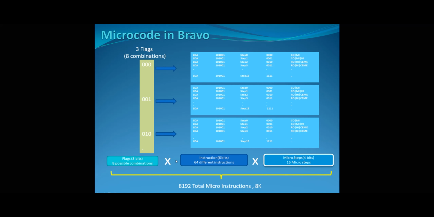If you multiply all of those together to see how many different combinations we could have, we come up with 8,192 total micro instructions. So that's 8K of instructions that we're going to have in Bravo. And that 8K should be written into both ROM chips, or both of those flash memories.